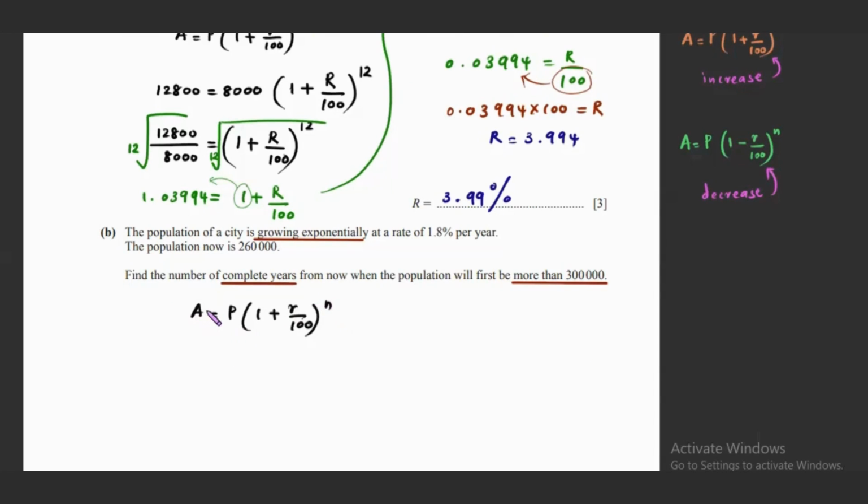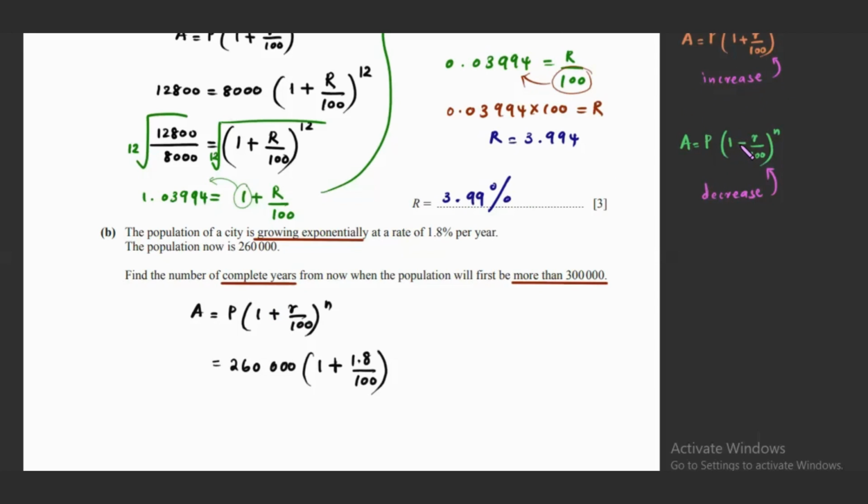So now the starting value P is going to be equal to 260,000. So I'm going to put that, 1 plus, the rate is given to us as 1.8, so I'm going to write that as 1.8 over 100. The reason why we picked this compound interest formula is that compound interest as well as exponential growth both keep increasing. That's the reason why we pick the equation with the plus.